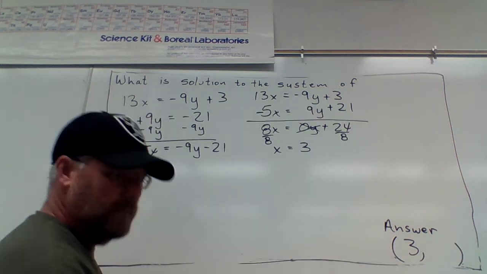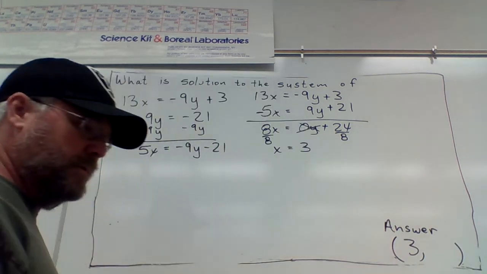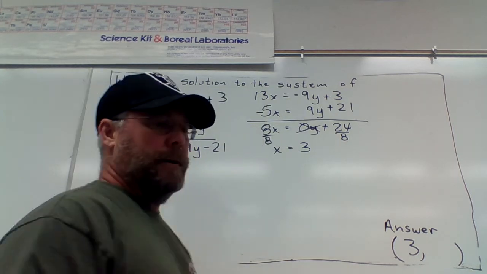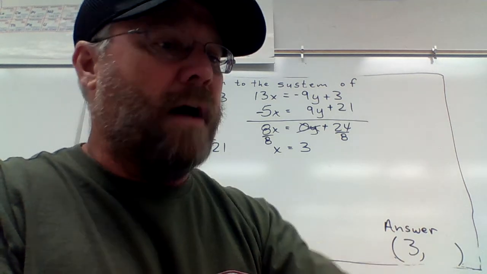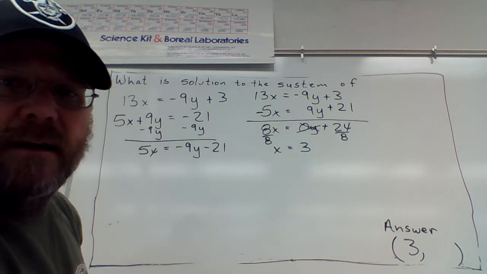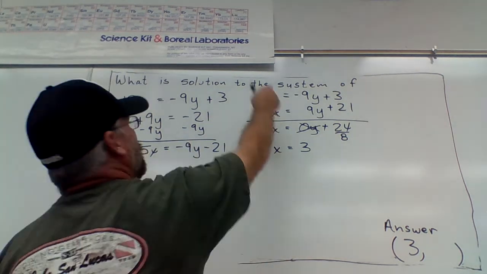Well, just like we saw with the addition, like we saw with the substitution, like we saw yesterday with the equal values method, what you see there is I've got to plug that x back in and figure it out. Where do I go?